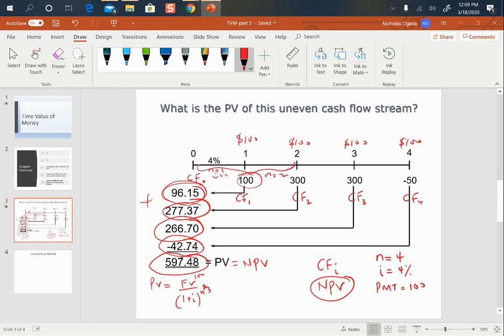The other part I just want to add here: assuming, for example, instead of getting a payment in year one, we skip year one. Assuming you have a project where, instead of having $100 in year one, you end up having $300 in year two. So in that case, we don't have that $100, so it's deferred.